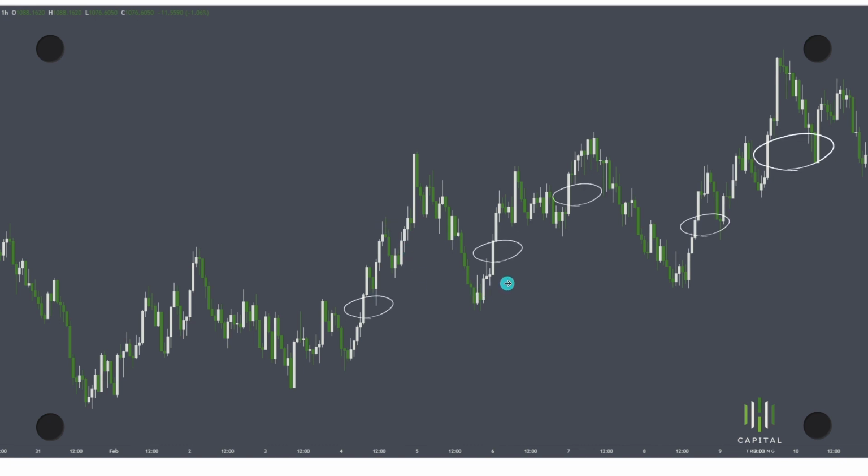Another example, we have this right here. We look at the last candle, the previous candle before the one we are looking at, and the next candle's low that comes after the candle that we are looking at. This right here is our fair value gap. If we extend this to the right, you'll realize that price did come back to this area.